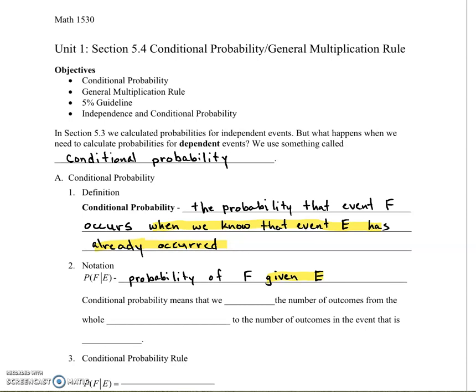So conditional probability means that we limit the number of outcomes from the whole sample to the number of outcomes in the event that is given.